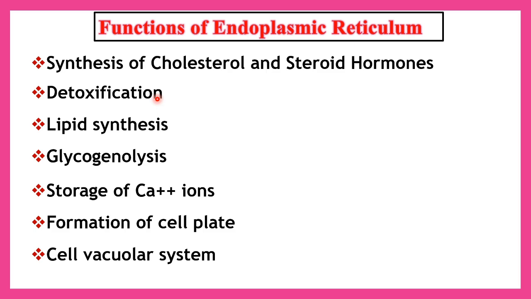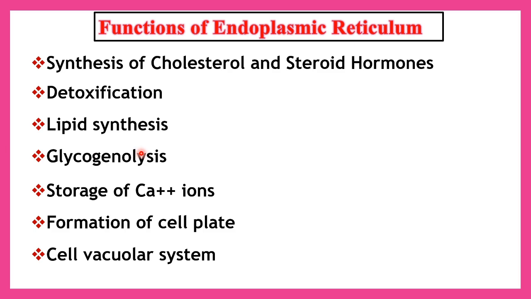The various metabolic waste substances produced inside the cells, such as fatty acids, bile salts, steroids, and the heme substance present in the hemoglobin, are detoxified by the smooth endoplasmic reticulum. And it is also involved in the glycosylation process, that means addition of carbohydrate units to glucose.